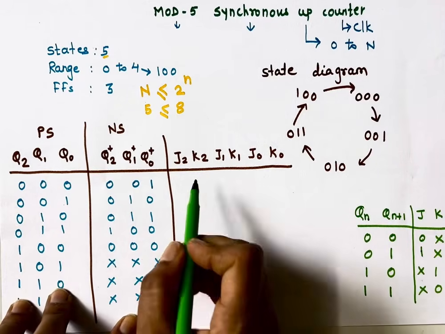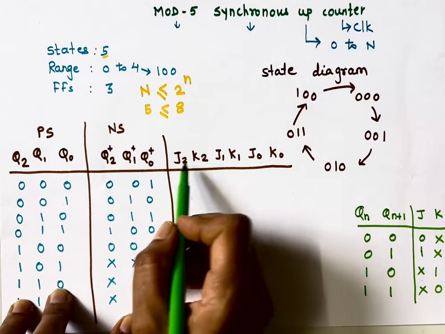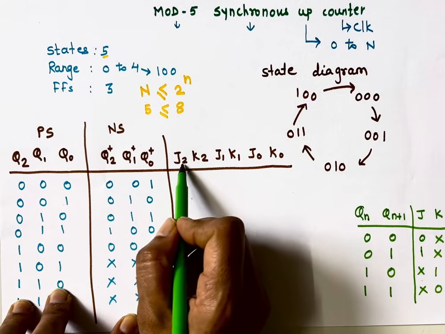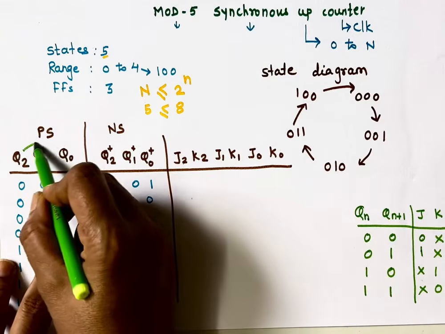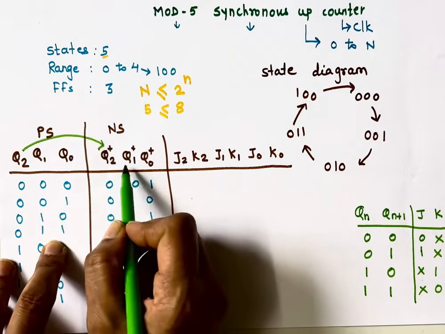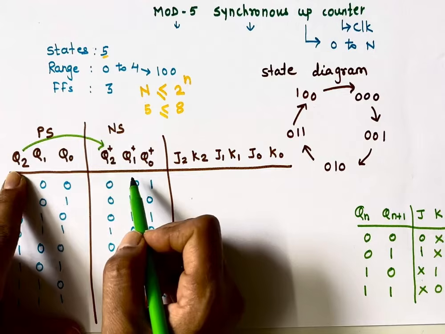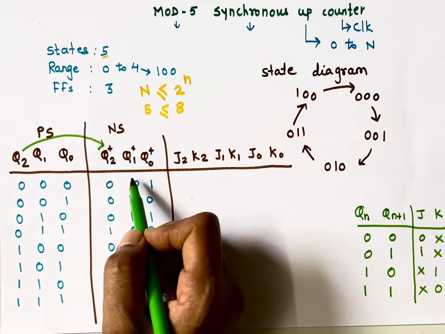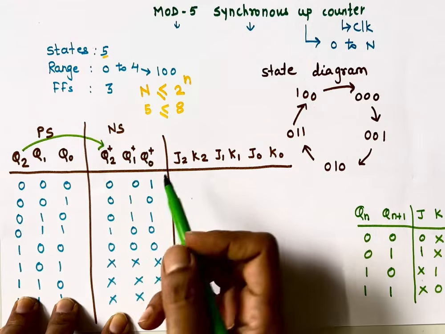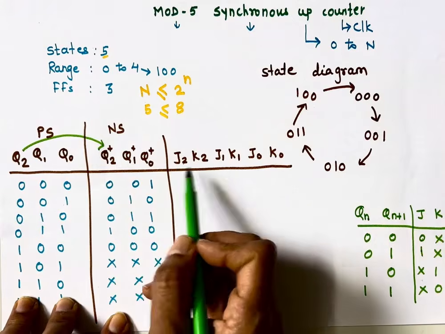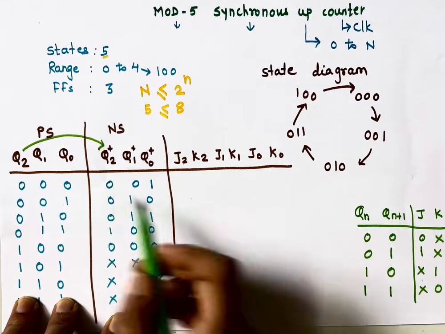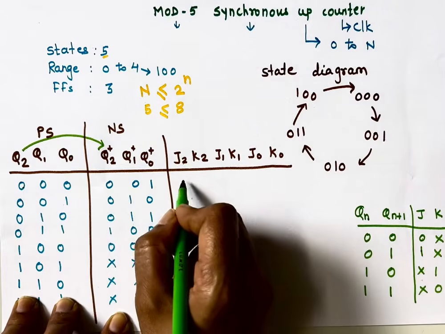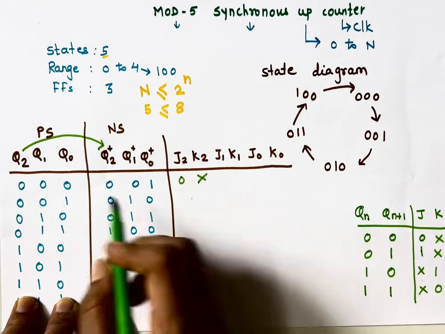So to find the values of J2 and K2, we will compare Q2 with Q2 plus. It means we compare the present state of Q2 with the next state of Q2, and from that we get the values for J2 and K2. So here Q2 is 0, Q2 plus is also 0. So for 0 0, J is 0, K is don't care.